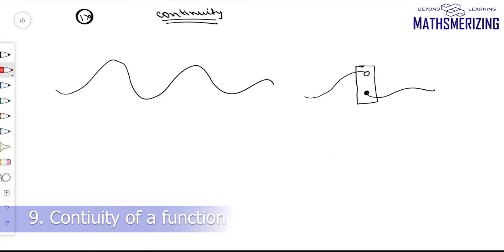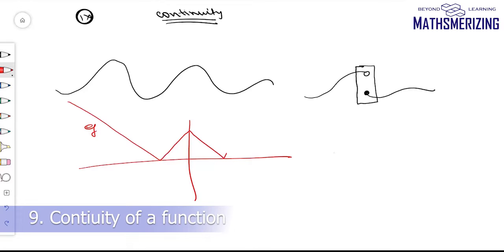So in order to decide whether the function is continuous or discontinuous, all you need to do is draw the graph. And if while drawing the graph, my pen lifts, then the function is discontinuous at that point. And if I don't need to lift my pen, then the function is continuous. Say for example, now this function f is defined from R to R.